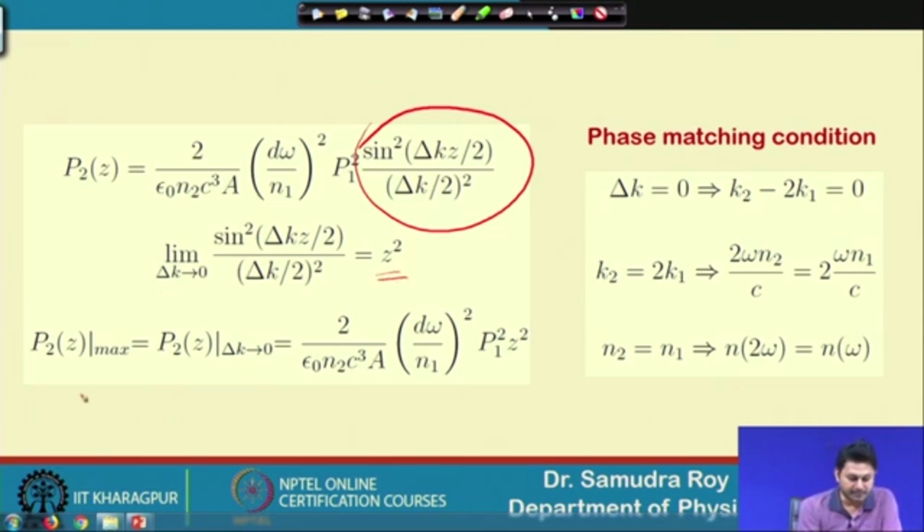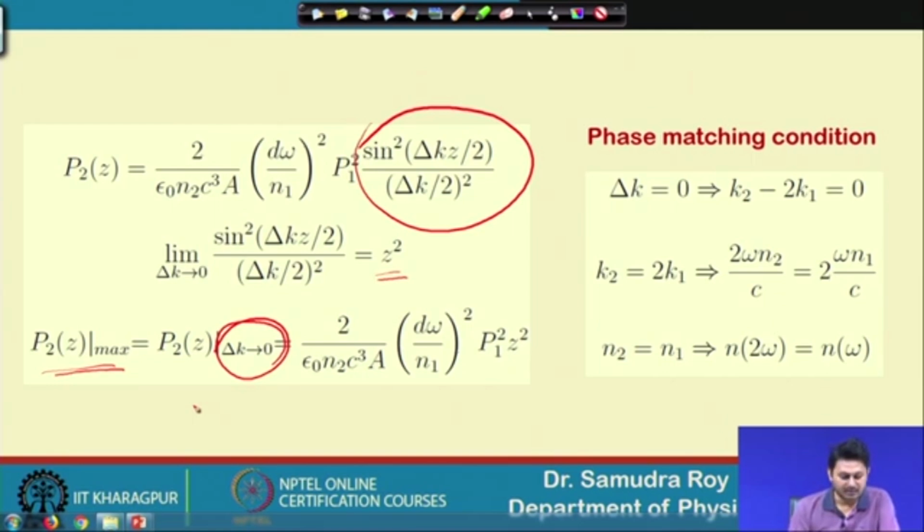So, P 2 maxima is the maximum field or maximum power one can have from launching a wave in a nonlinear medium. I want to find the second harmonic wave, and the second harmonic wave will be maximized on the condition that delta k tends to 0. That is a very important condition to maximize this quantity.